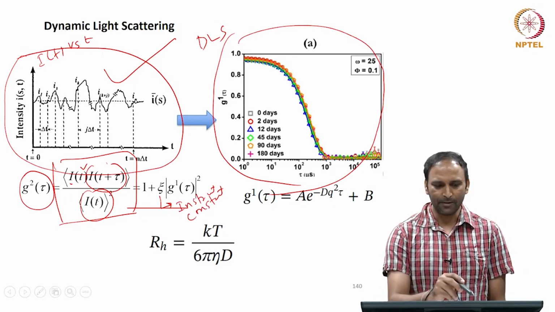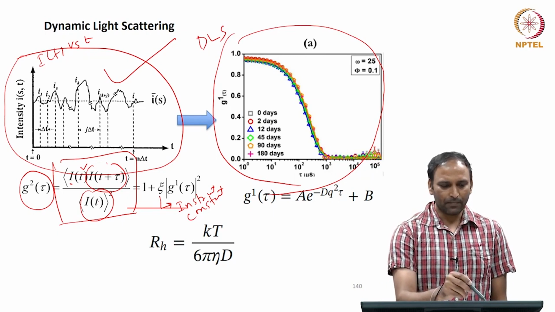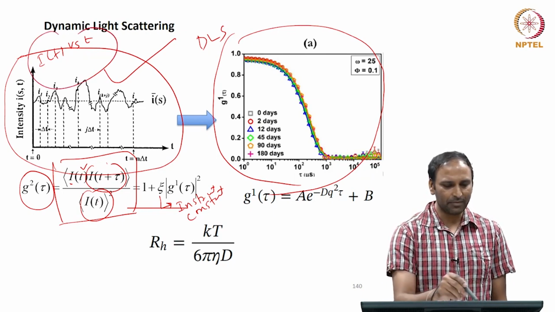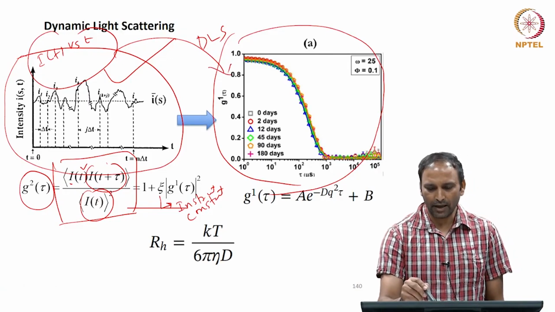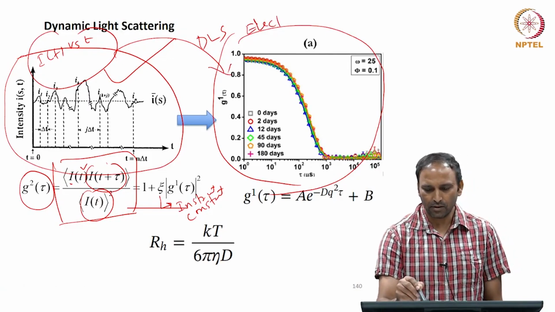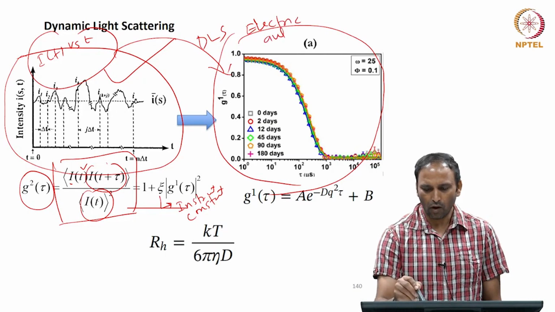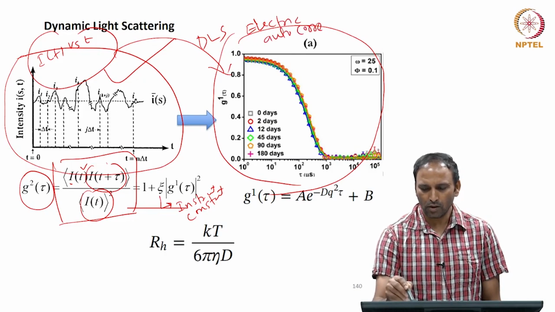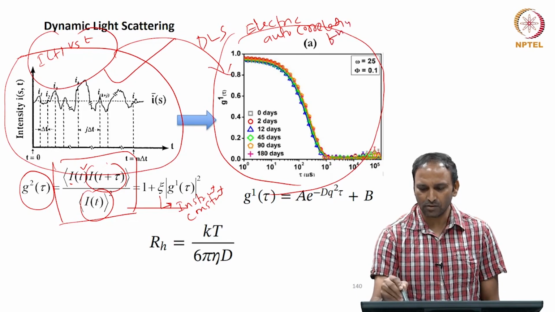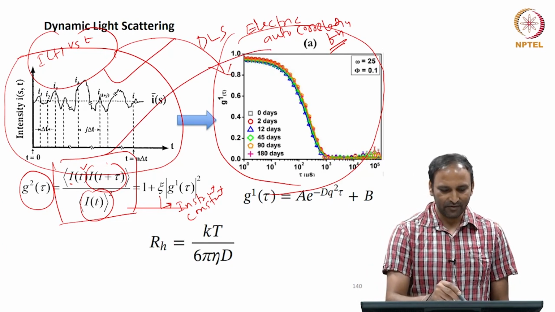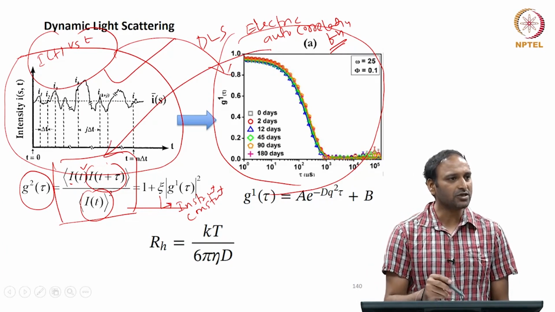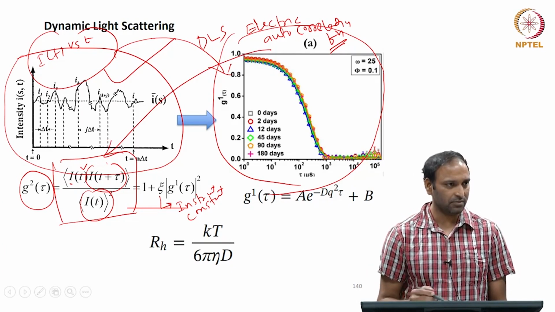So, what I am trying to say is that the scatter intensity as a function of time is reported as what is called the electric field autocorrelation function, which is derived from the fluctuation in the intensity that you measure.